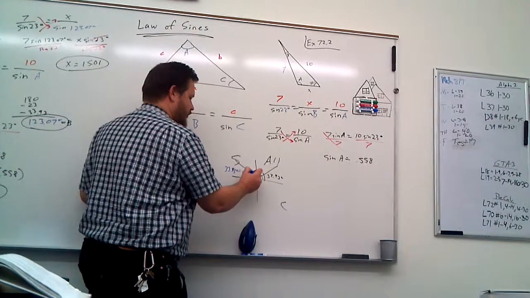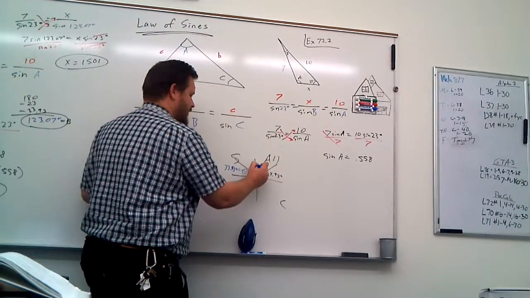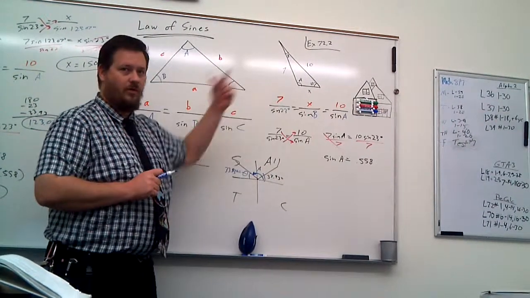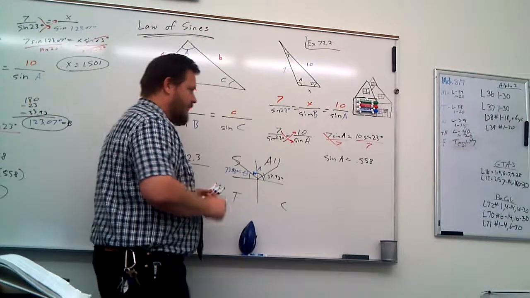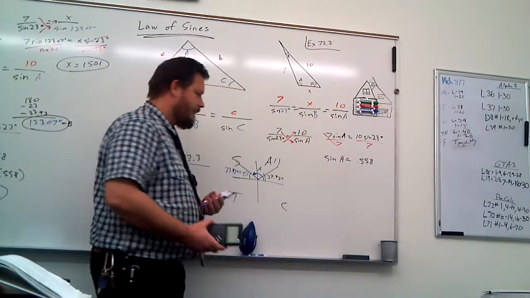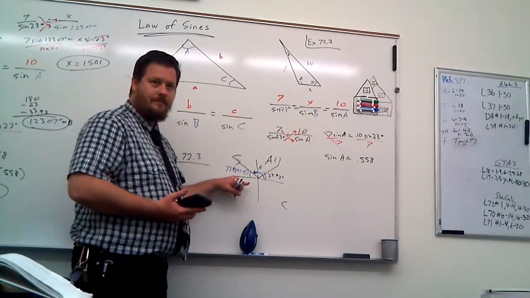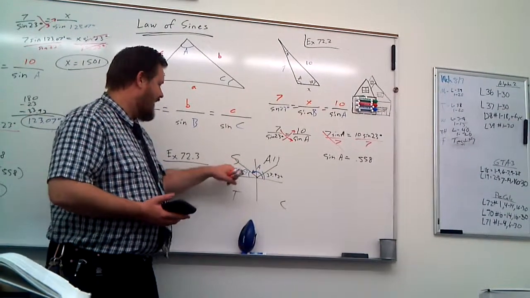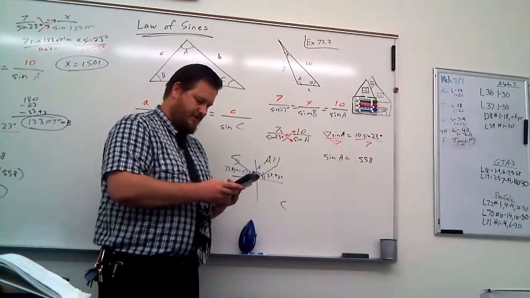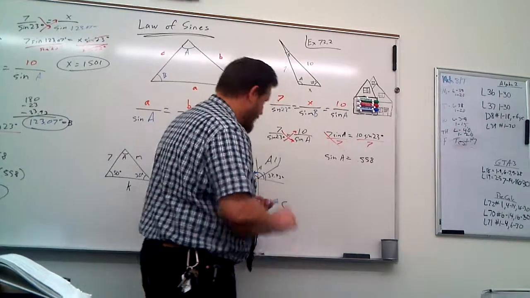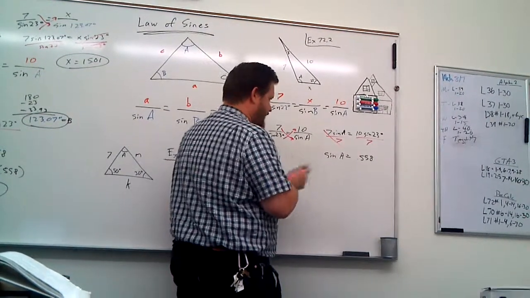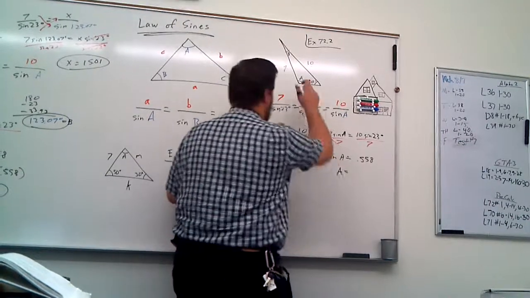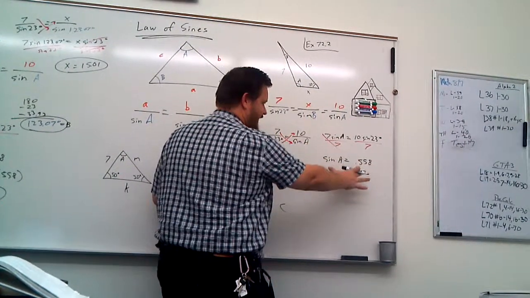We need to find this one because this is going to be what A is in this triangle. So how do we do that? Subtract from 180. Exactly. So 180 minus this angle is going to give us what? 146.07 degrees.